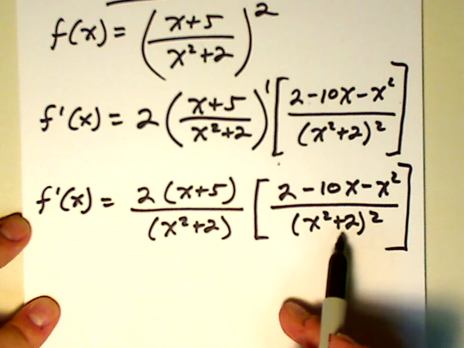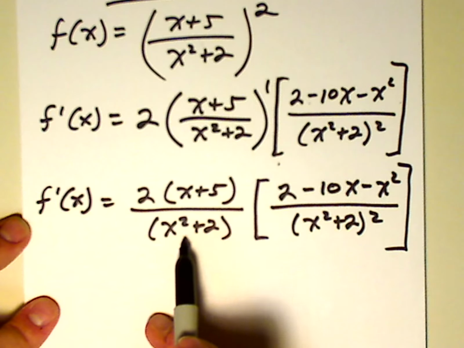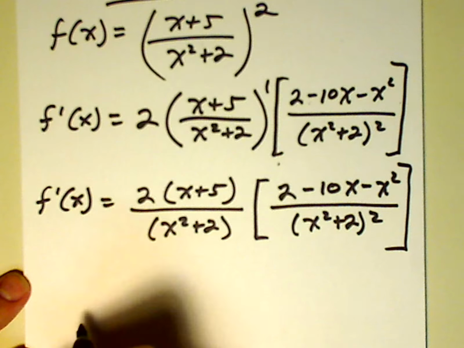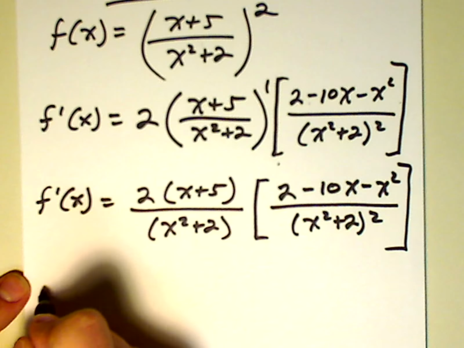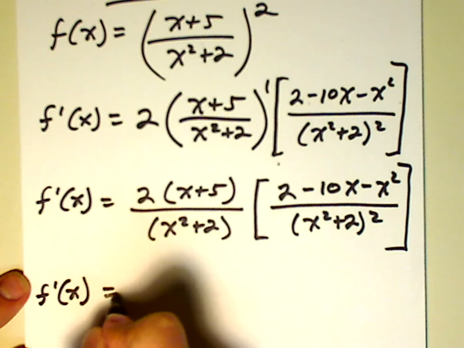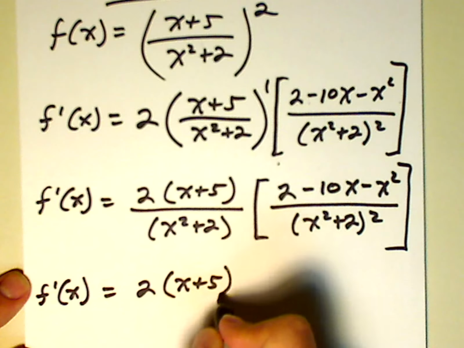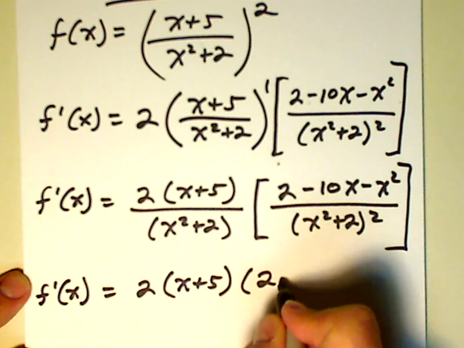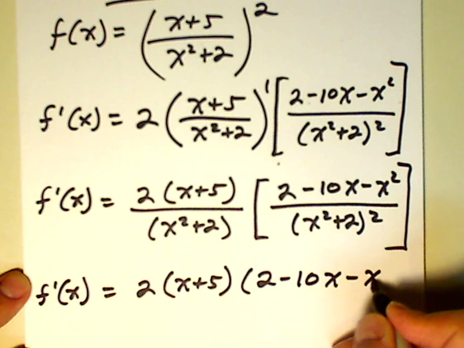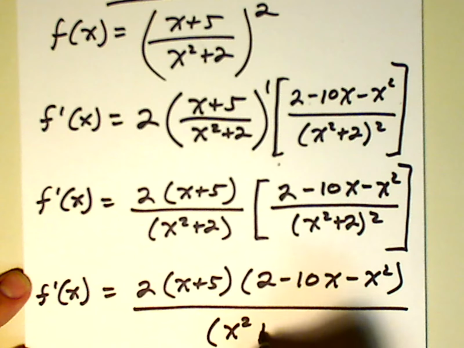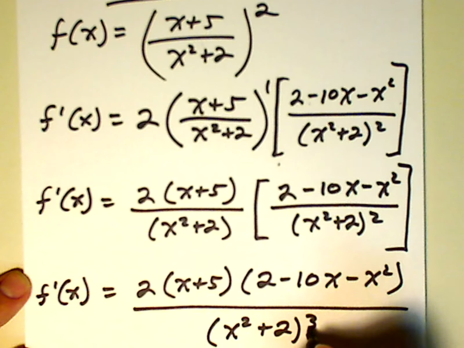Well, I can see we have x squared plus 2 squared times x squared plus 2, so this is going to turn out in the denominator to be x squared plus 2 cubed. And in the numerator, it is a complete and total mess, but I don't think we're going to be able to do anything with it. So we're going to have 2 times x plus 5 times 2 minus 10x minus x squared all over x squared plus 2 cubed.